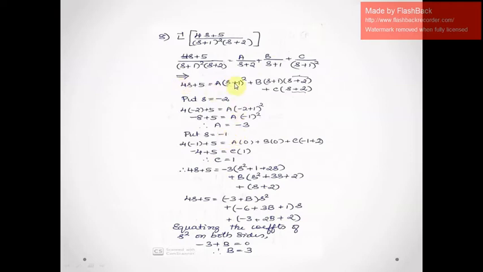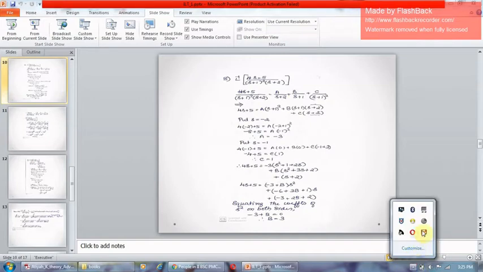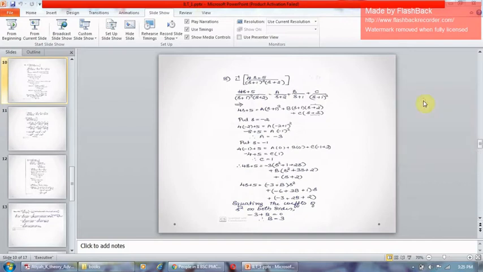Put s is equal to minus 1, so s plus 1 is made 0 and these two terms will be 0. 4 into minus 1 plus 5 equals a into 0, plus b into 0, plus c into minus 1 plus 2. Simplify, we get the answer c is equal to 1.